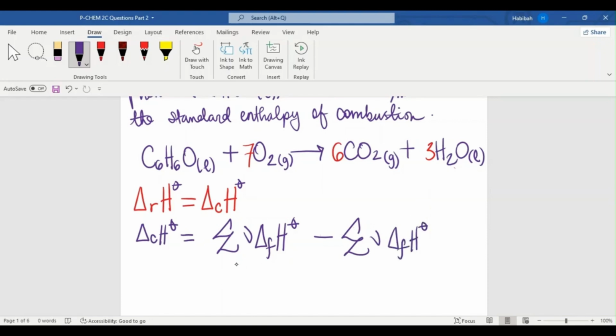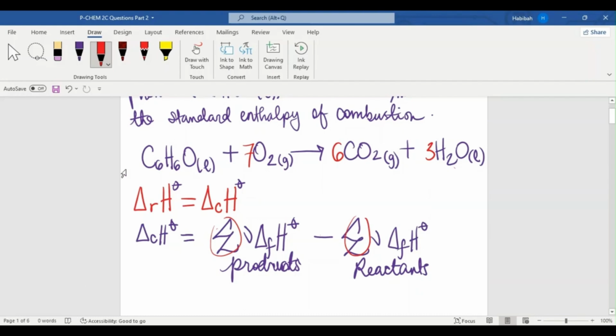We're not really subtracting the same thing, because here we're dealing with products first: the standard enthalpy of formation for products, minus the standard enthalpy of formation when you add them all up for reactants. This is a summation symbol, so you're just going to add them up. When I do more of the problem, I'm going to explain it to you bit by bit.